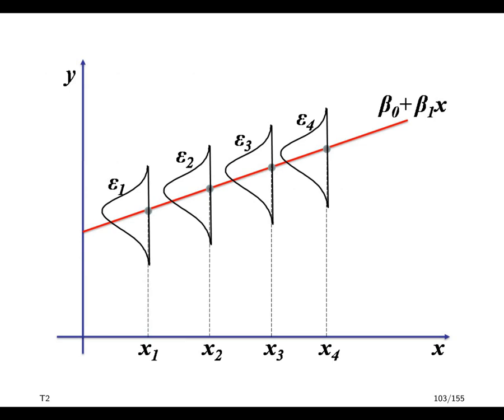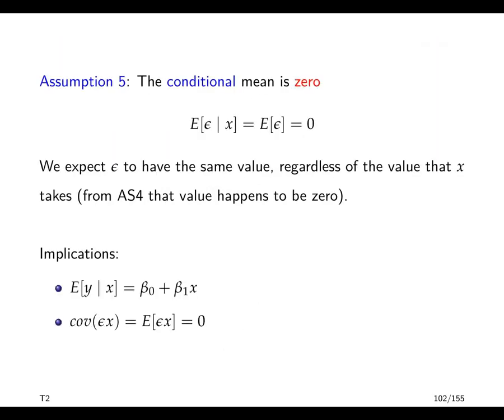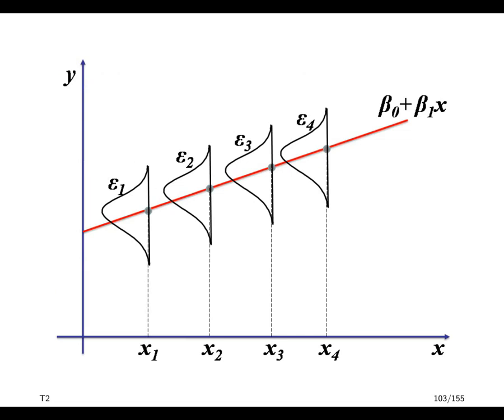Now, we have here a certain probability distribution, or density function, that had a 0 mean. Well, the assumption that the conditional mean is 0 means that the mean of epsilon is 0 for the first individual with a low x, for the second individual with a slightly higher x, for the third individual with a slightly higher x, for the fourth individual with a very high x.